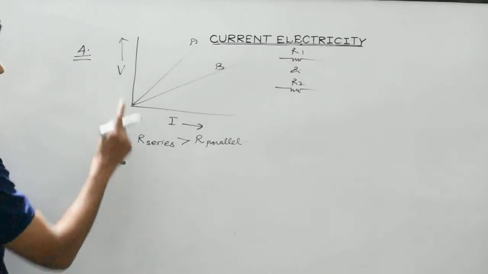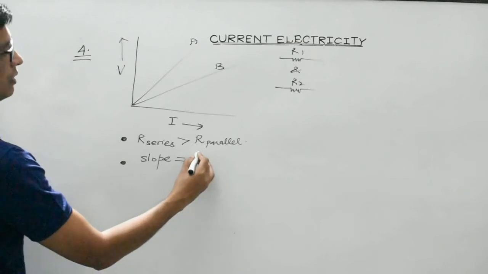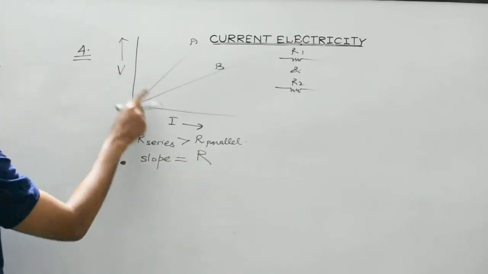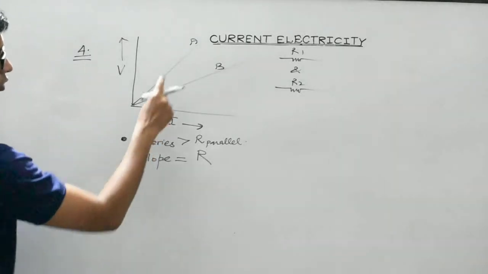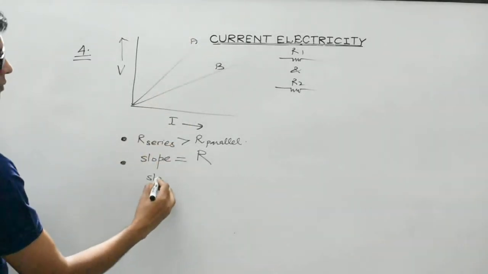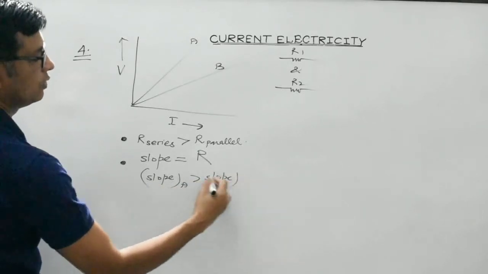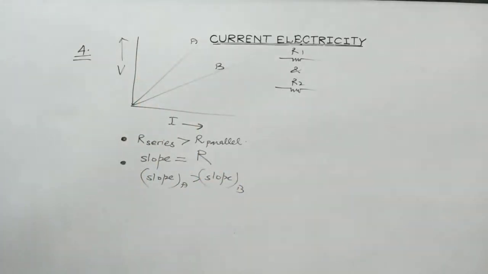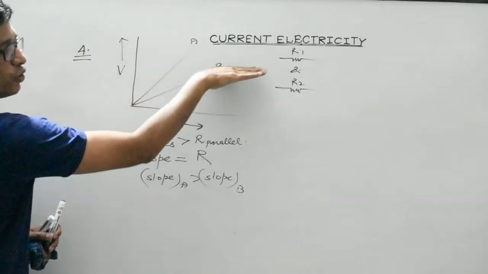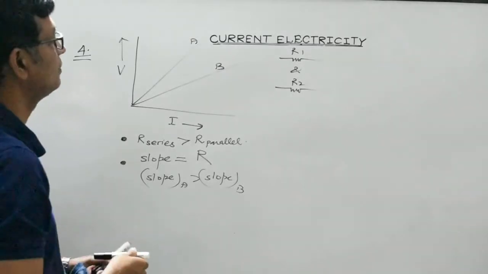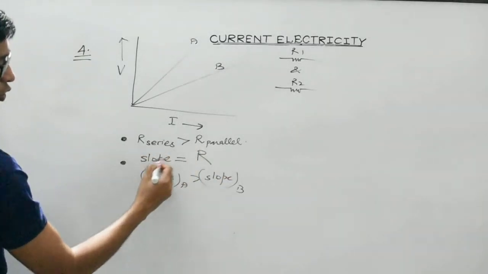Second is, in this case, the slope will give us resistance. Slope is V by I, which will give us resistance, isn't it? Now, slope of A is greater than slope of B. No doubt regarding this. It's pretty clear from the diagram. B is quite flat as compared to A. So, slope gives resistance.